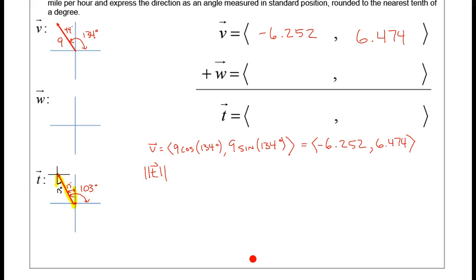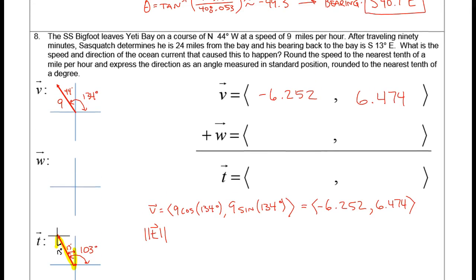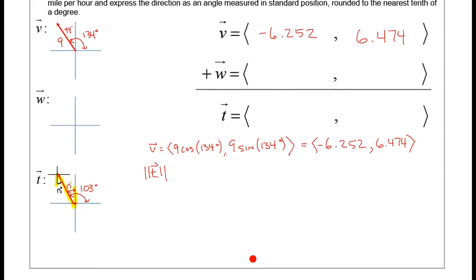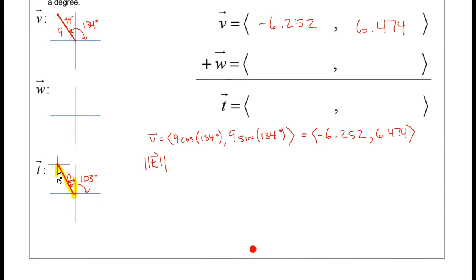So when Sasquatch looks back to where he started, he says, okay, I'm 24 miles from the bay, and that was after traveling for 90 minutes. So what speed did it take for me to get there? All right, well, I've got 24 miles in 90 minutes.